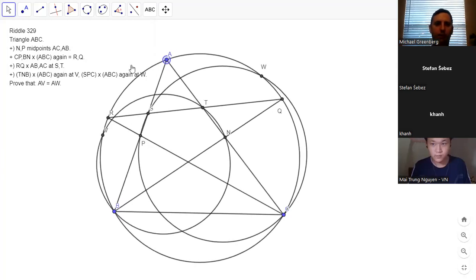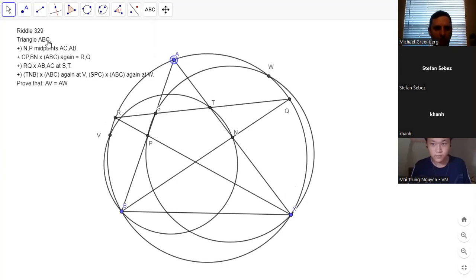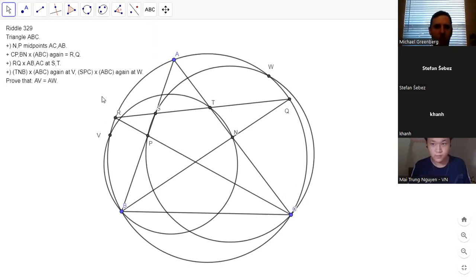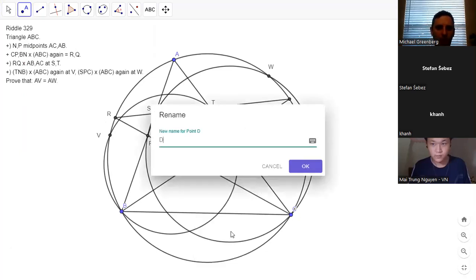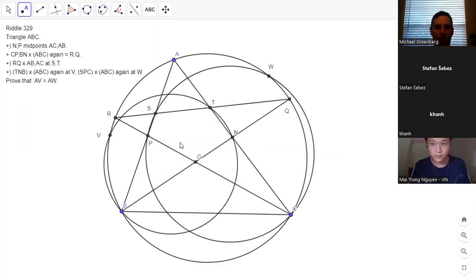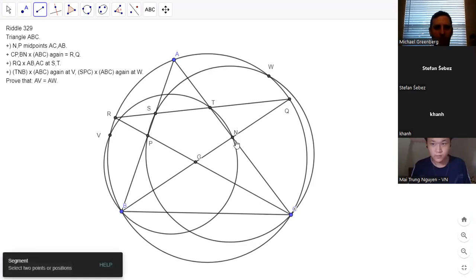I think that looks good. All right, so obviously this is going to be the centroid right here. We know PN is parallel to BC. Call this G. PN is going to be parallel to BC.